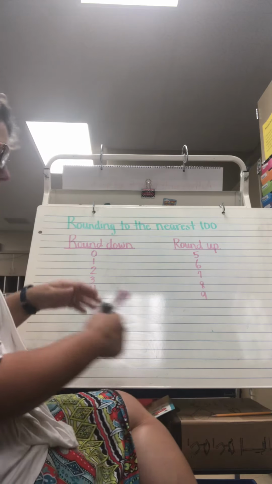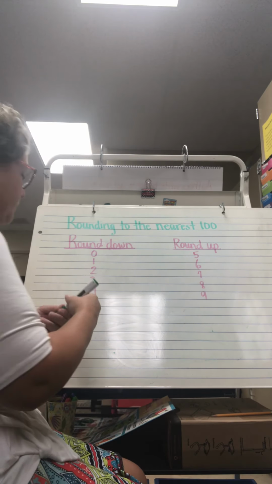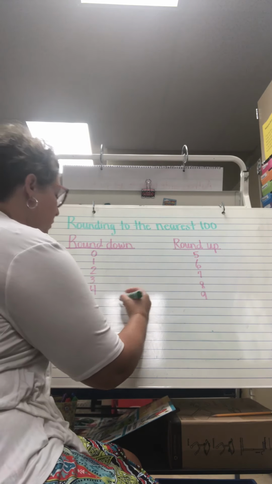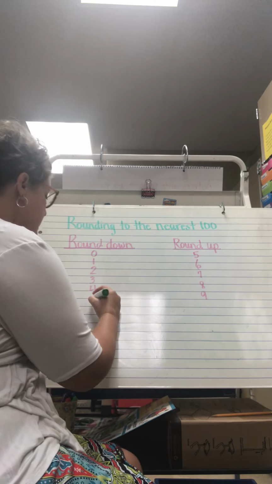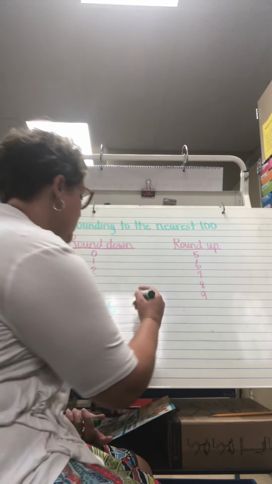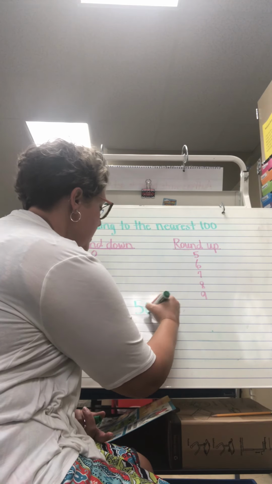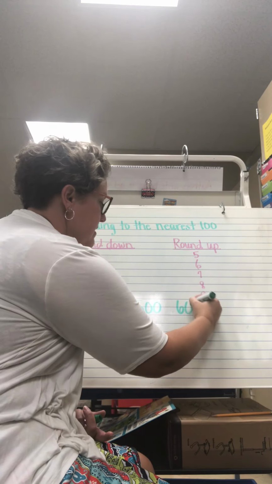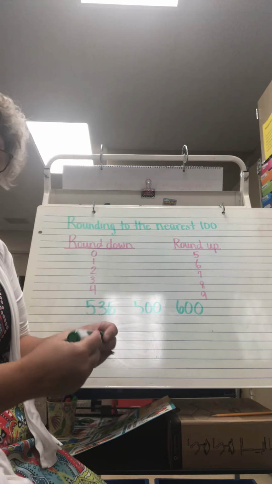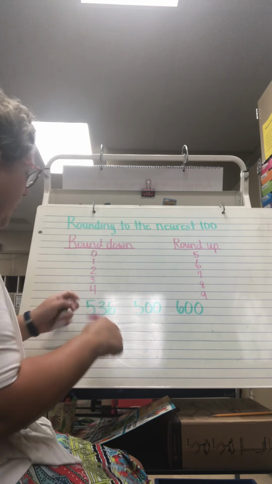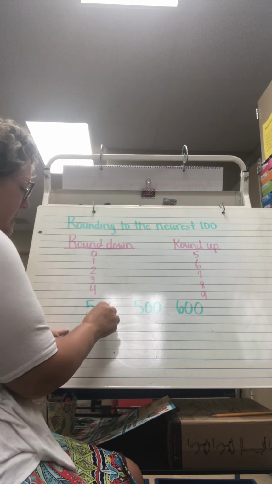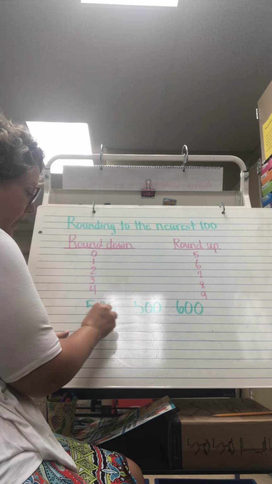So let's take a look at a couple of examples. My first example is the number 536. I want to think, 536 comes between what two hundreds? It comes between 500 and 600. So remember, I want to look at the tens place.